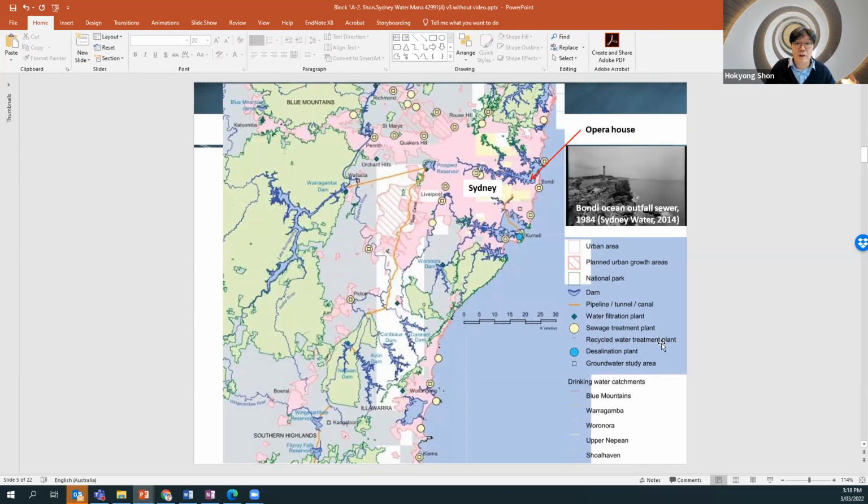So some of the recycling plants are connected in the system to the wastewater treatment plants. Also, you can see the water filtration plants. Some of the water filtration plants are located here, and they filter and then supply to Sydney. Also there is a desalination plant in the Kurnell area.